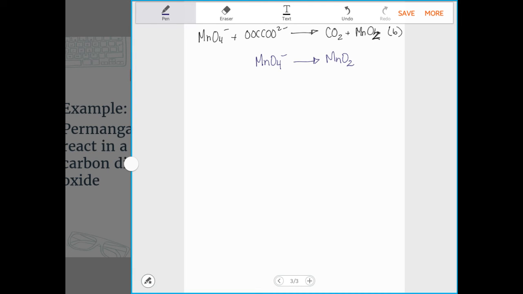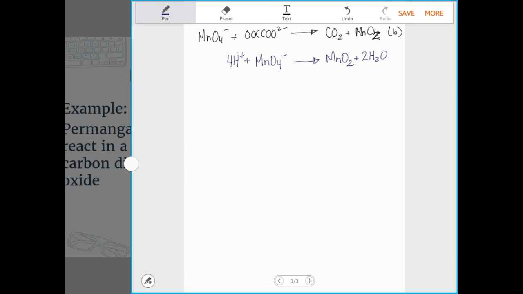Okay, so I have first balanced my atoms other than oxygen. I'm going to then add 2 water molecules to balance my oxygens. Now I have 4 oxygens on each side, but now I need to balance my hydrogens. I do that by adding 4 hydrogens.